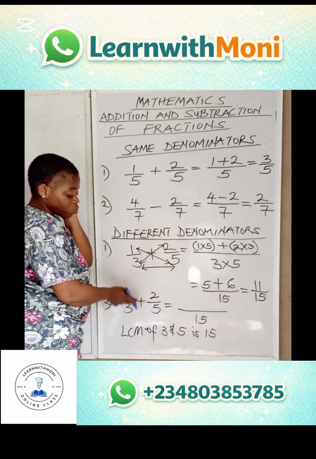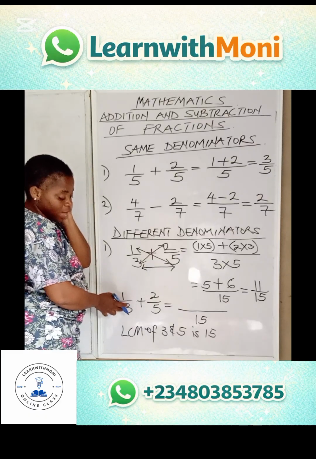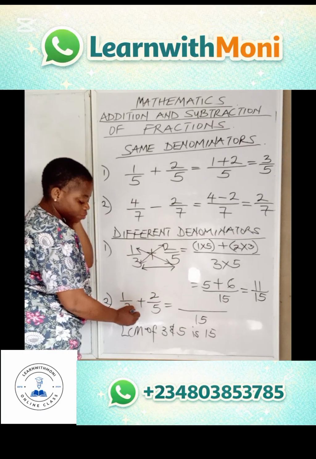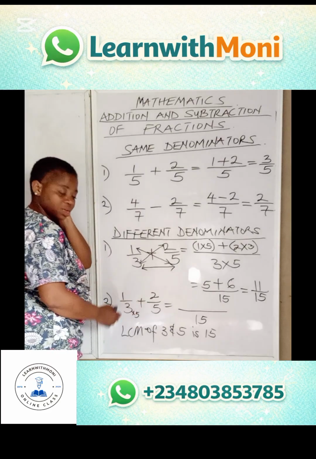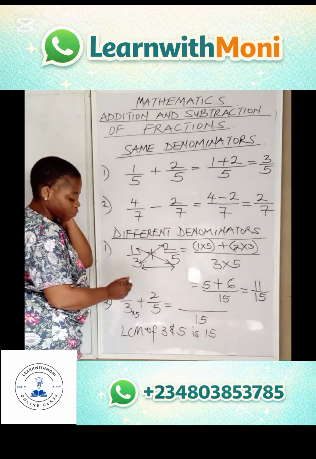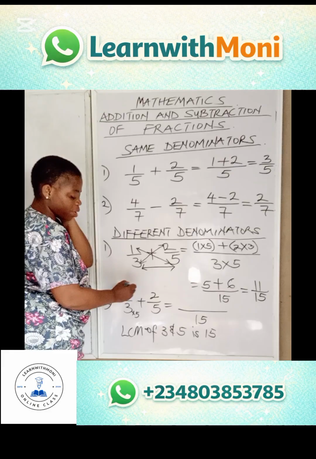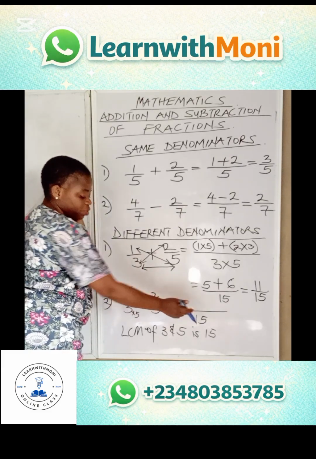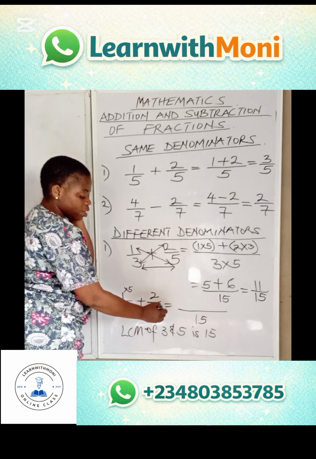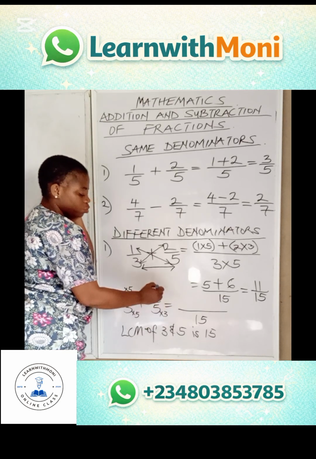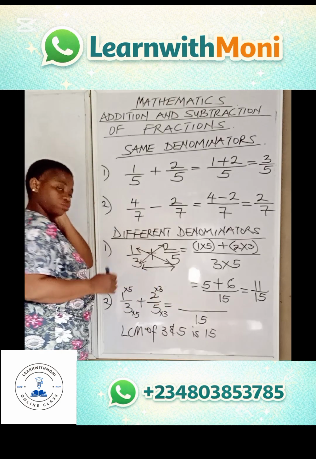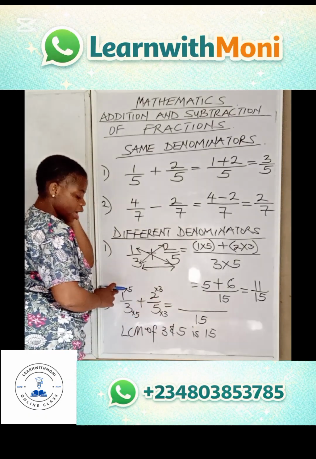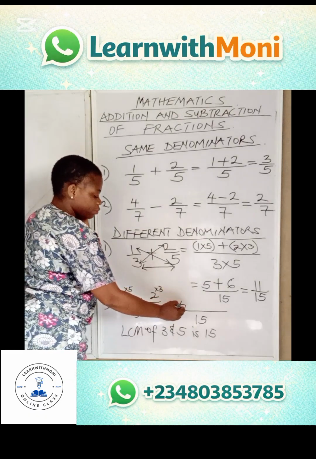So I'm going to be asking myself, what can happen to 3 that will make it 15? That is, 3 times 5 will be 15. Because this is 3 times 5, I will also multiply the numerator by 5. What can happen to 5 to make it 15? That is 5 times 3. Whatever you do to the denominator, you must do to the numerator. So this is 3 times 5, 15, and 1 times 5 is 5.